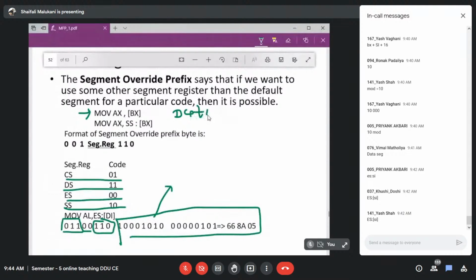But if you don't want to take the data segment, you want to take the stack segment, then you have to add one extra byte, in which these values are fixed and this value will indicate the segment. You have to take segment 10, so write 10 here. It will be followed by the remaining instruction as it is, as we have taken in the previous case. Okay, any doubt so far in this case?